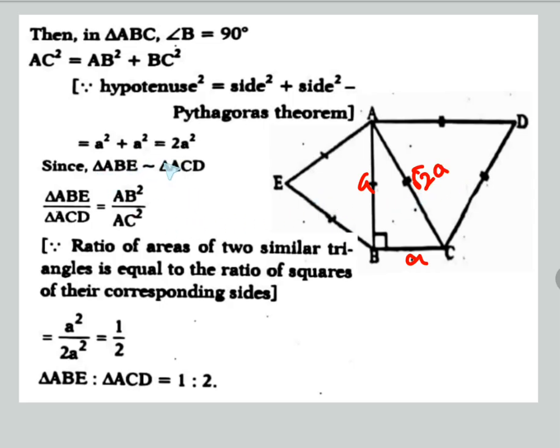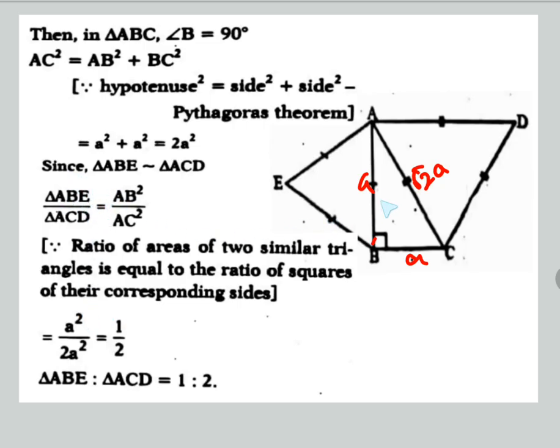But ABE and ACD are similar triangles. The area of ABE by ACD is equal to AB square by AC square, the squares of the corresponding sides ratio is equal to the ratio of the areas of the two triangles.